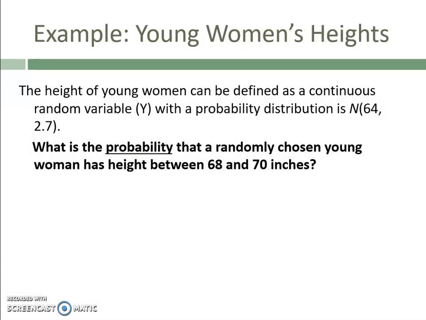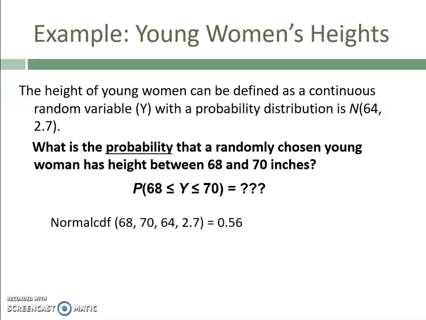The height of young women can be defined as a continuous random variable, and they're calling this one y, so that could be instead of x, with a probability distribution that is normally distributed with a mean of 64 and a standard deviation of 2.7. Now, what is the probability that a randomly chosen young woman has a height between 68 and 70 inches? So it's written this way, and we're going to use normal CDF.